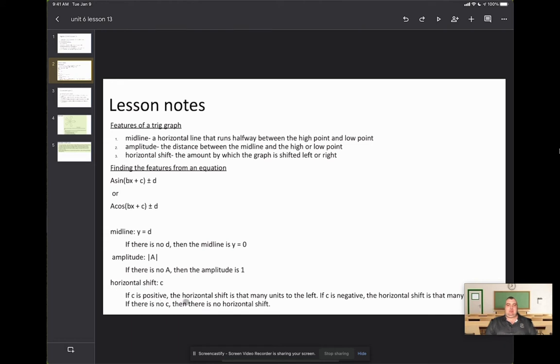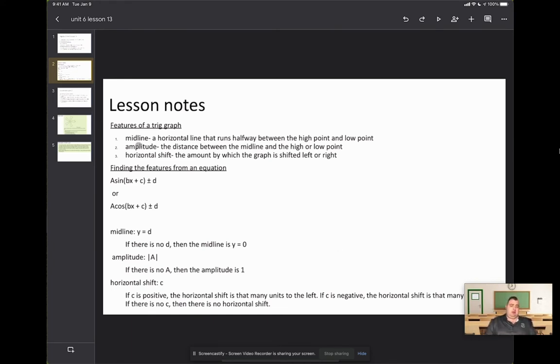So if C is positive, the horizontal shift is that many units to the left. And conversely, if C is negative, the horizontal shift is that many units right. Negative would normally mean left, but the opposite of left is right. And if there is no C, then there is no horizontal shift. So that's kind of the basic premise of today's lesson.